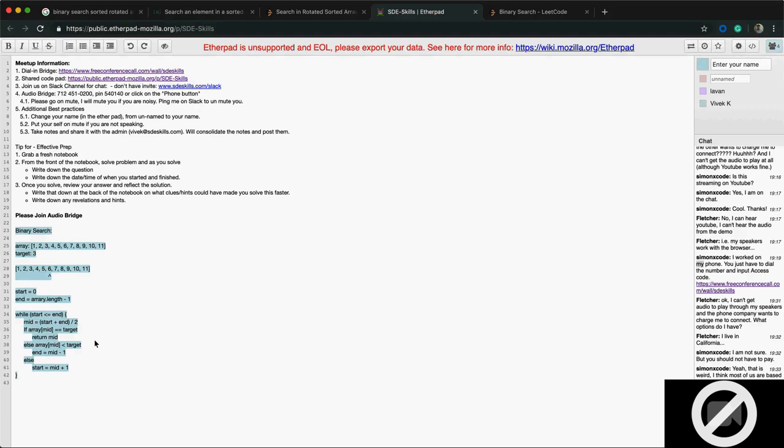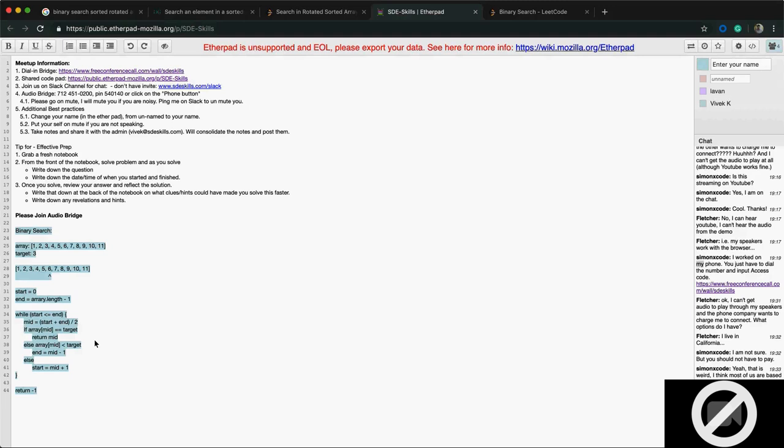If you exit the while loop, that means the target is not in your array, so you should return -1 maybe. Yep, that's fine. If we don't find the element, we can simply return -1 or throw an exception saying element not found.